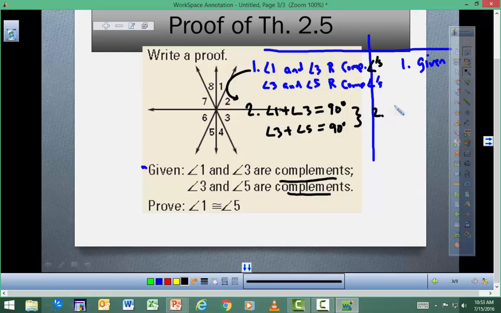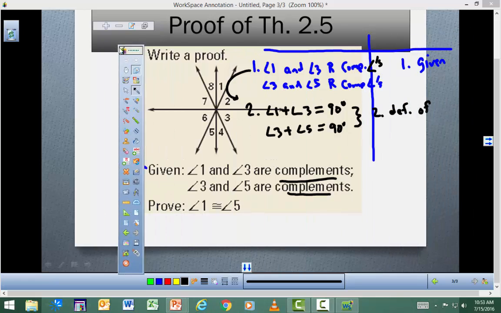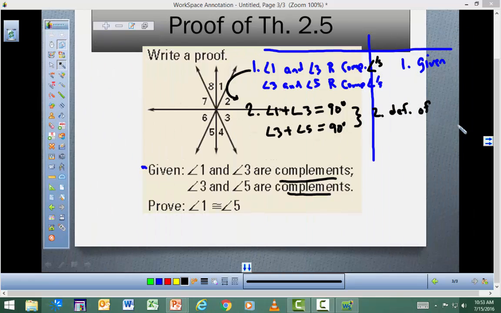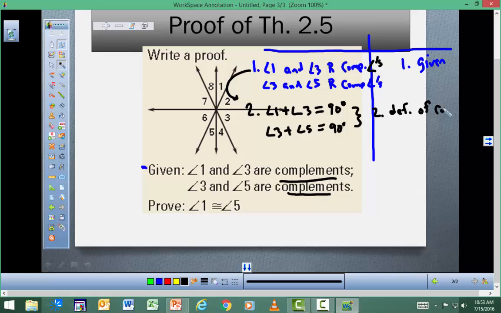We're going to call this reason number 2, definition of complementary angles.